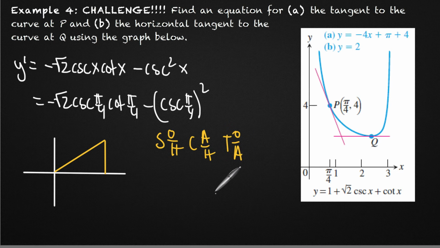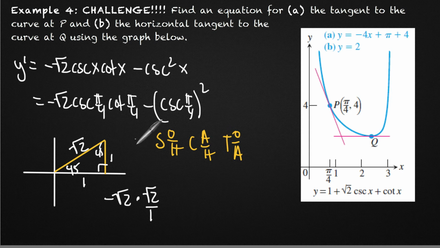you should be able to find any trig expression for any angle. So this is going to be a 45, 45, 90 triangle, which is going to make the sides 1, 1, and root 2. So cosecant is the reciprocal of the sine, so that's going to be hypotenuse over opposite. So we have this negative root 2, that's a coefficient, and then the cosecant of pi over 4 is root 2 over 1.